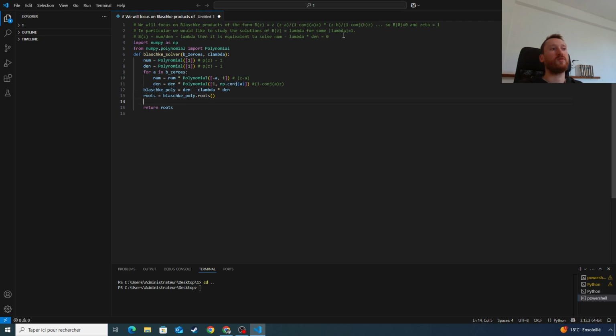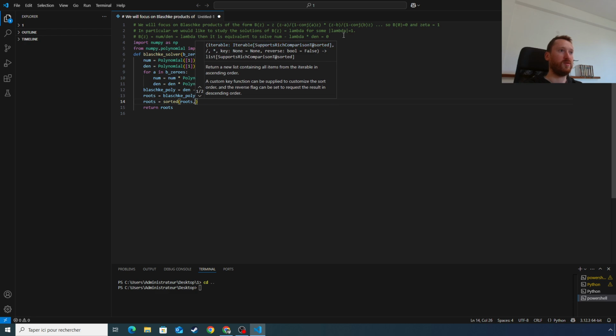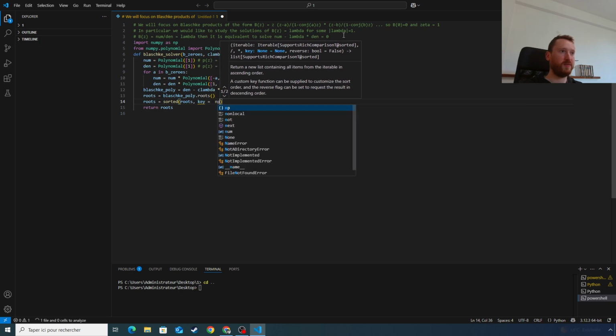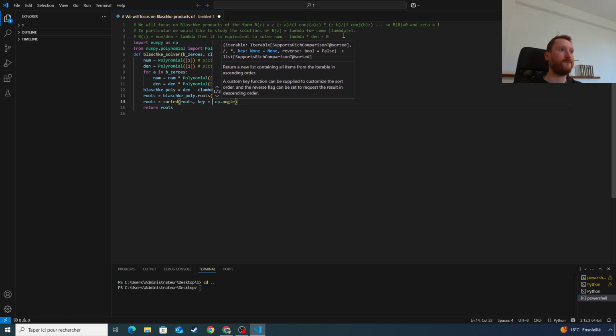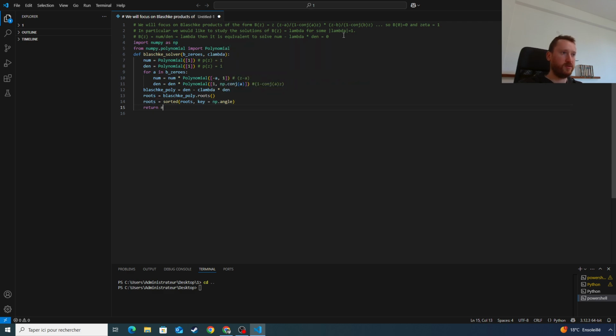We also want to sort them by increasing argument, so roots is updated as roots sorted by angle. And we return np.array of roots.